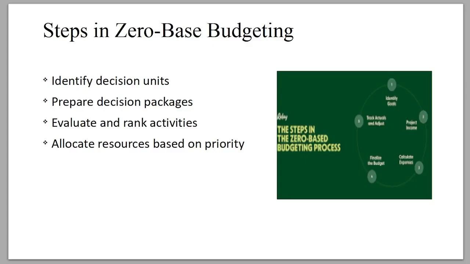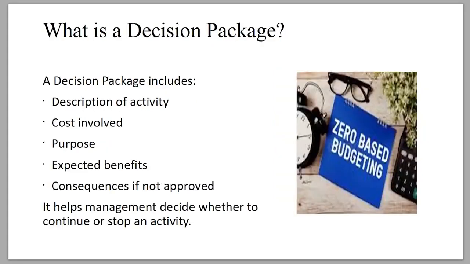And the second step is prepare decision packages. What is a decision package? It is a document that explains what the activity is, how much it costs, what benefits it gives, what happens if we stop it. So basically, you are defending your budget.